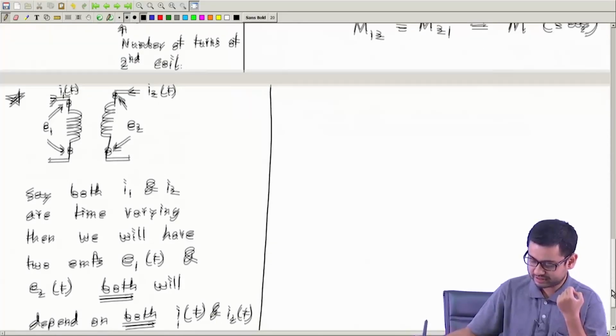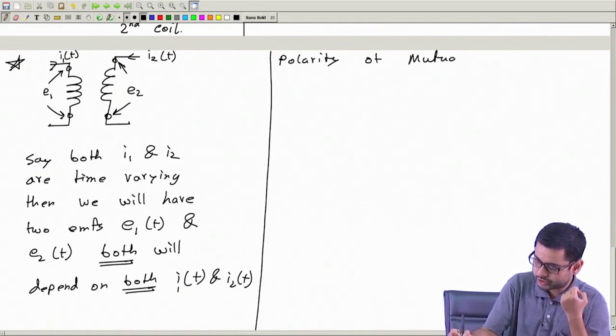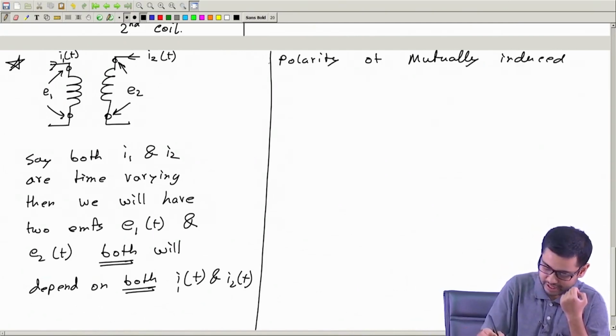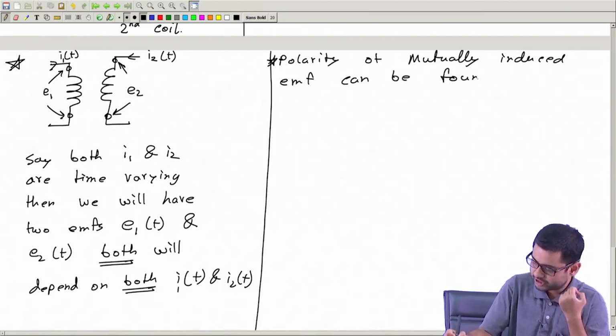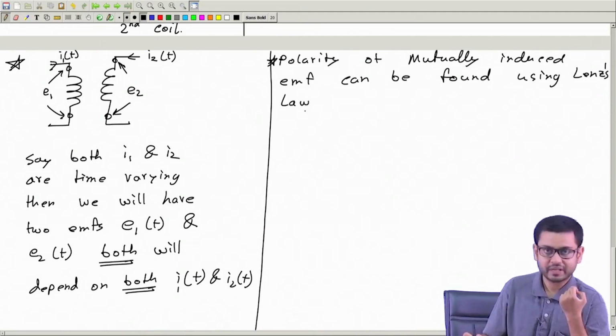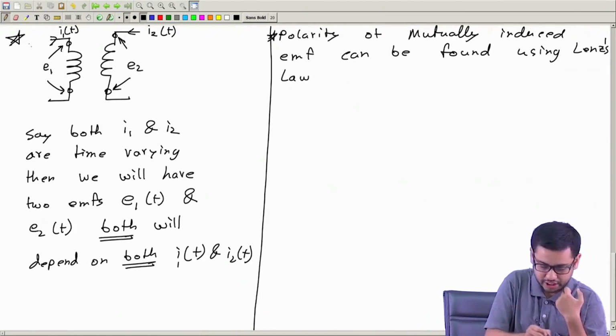So the polarity of mutually induced EMF can be found using again Lenz's law. How? Let's take an example. This time I will draw a transformer.